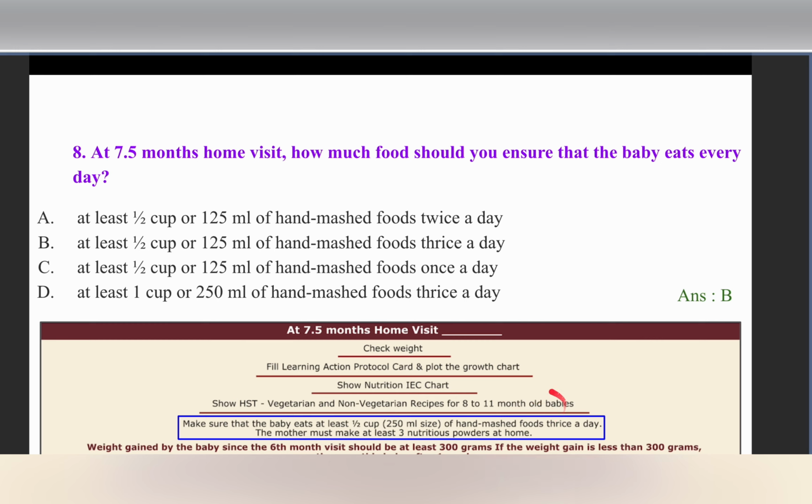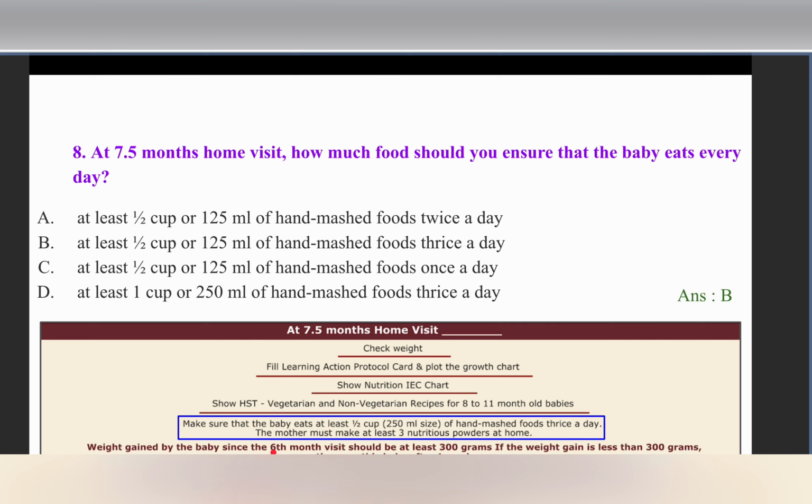This is the consistency, and the frequency is thrice a day. So a 7.5 months old child should be fed at least thrice a day. At 6.5 months it is around 2 nutritious powders, and at 7.5 months it is ideal that at least 3 nutritious powders are made and incorporated into the baby's diet.